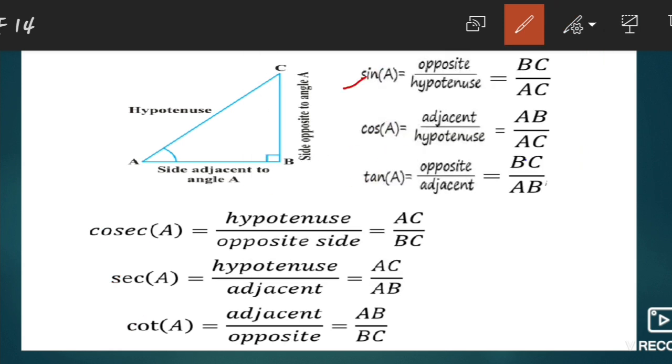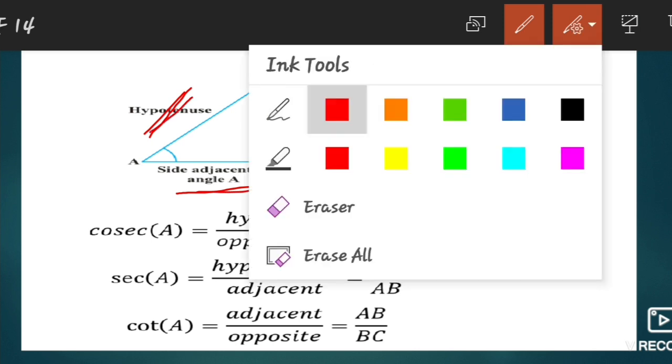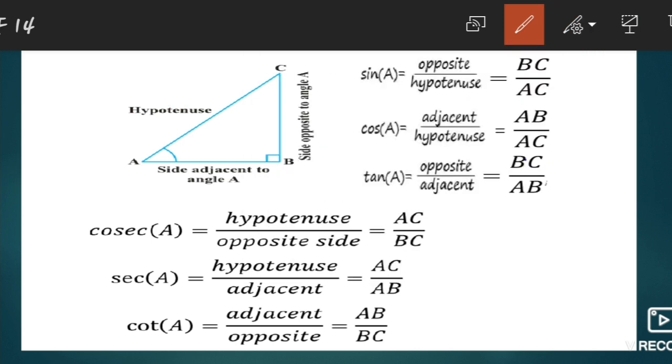Sin A is opposite side by hypotenuse, that is BC by AC. Cos A is adjacent side by hypotenuse, that is AB by AC. Then tan A is opposite side by adjacent side, that is BC by AB.